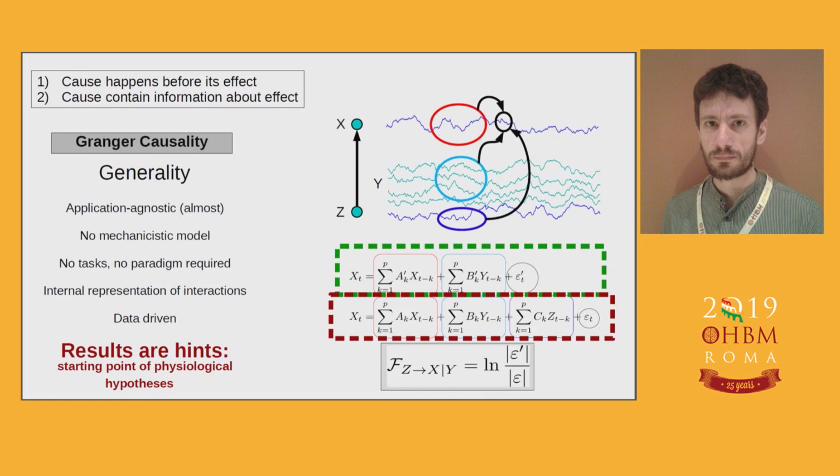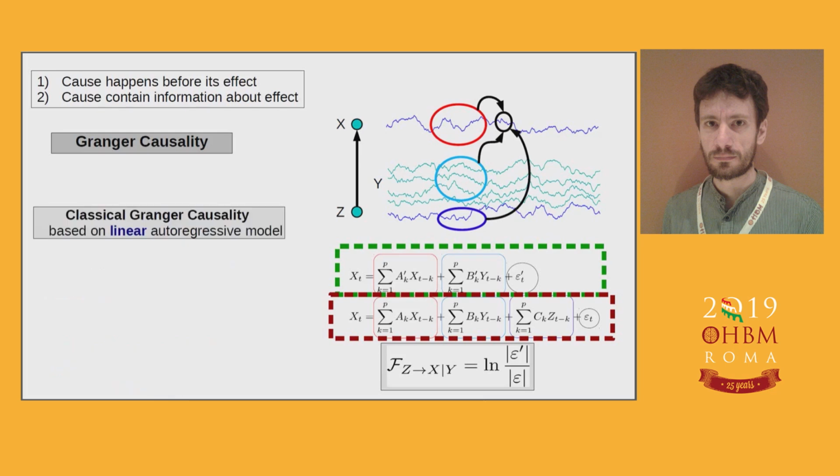However, classically it is based on a linear model, the autoregressive model, which has some limits, of course. So the question is, I would like to do it possibly non-linear, more adaptive to just everything.